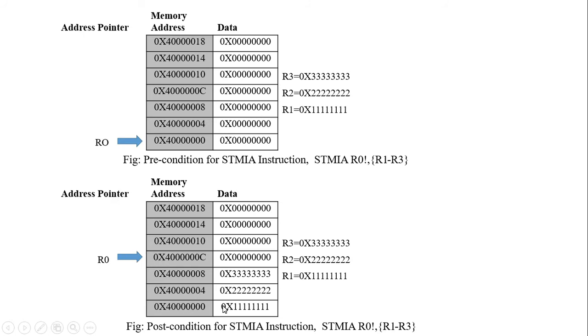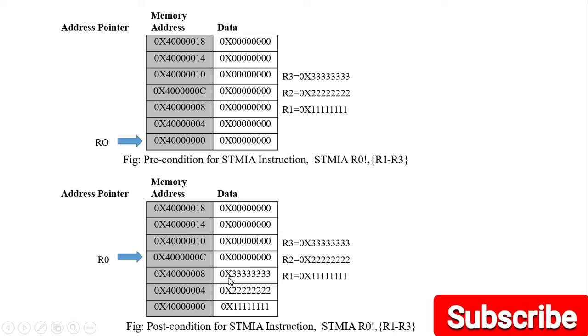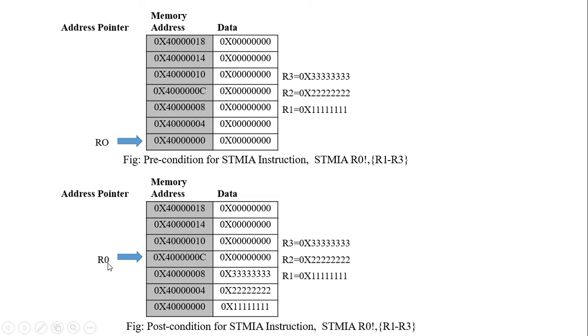So first data is loaded, then it is incremented, then it loads the next data, then again it is incremented. That is the reason our R0 base address pointer is pointing at the 4000000C location. Okay. So this is about STMIA, increment after.